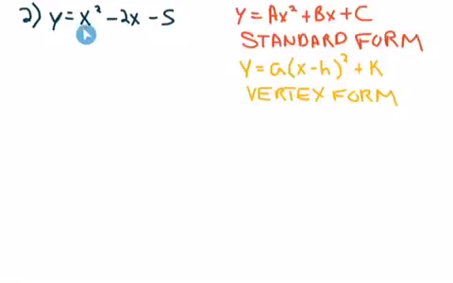So we want to take our expression, which is currently in standard form, and rewrite it in vertex form. And it's pretty easy, and very straightforward whenever our coefficient of the squared variable term is 1, which it is in this case, because right in front of that x squared, I could just rewrite this as y is equal to 1 x squared minus 2x minus 5.